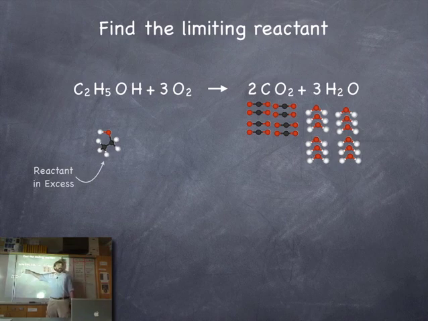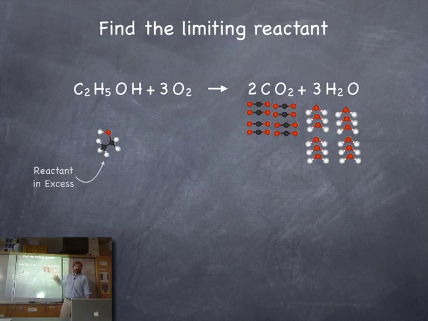If I started with 5 ethanol molecules and said, oh, that means I can produce 10 carbon dioxides, could I really produce 10 in this situation? Nope, because I don't have enough oxygen to react with all 5. I had 12 oxygen molecules. Divide by 3 times 2 means that I should make 8 carbon dioxides, which is what I did make.